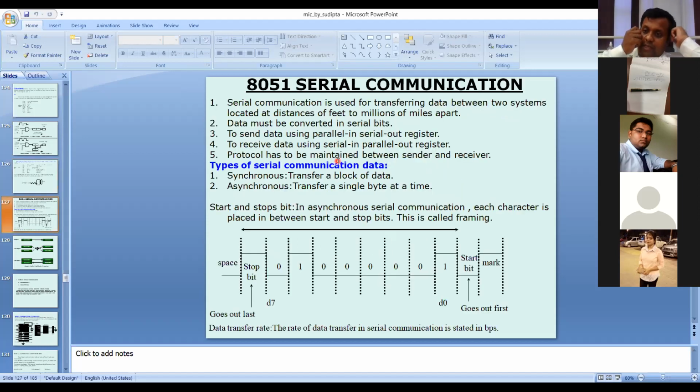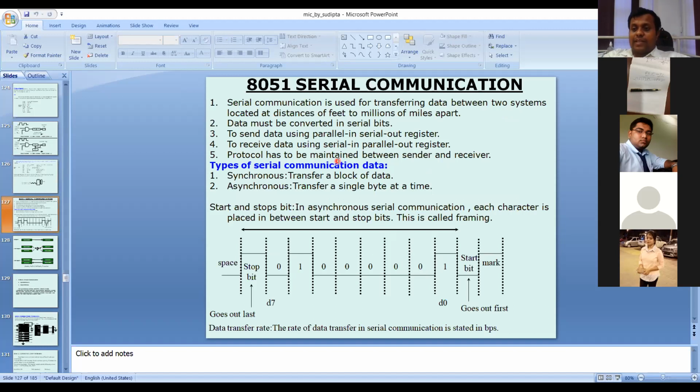Next, we are going into the serial communications. In serial communication, what will happen? How can I explain first.